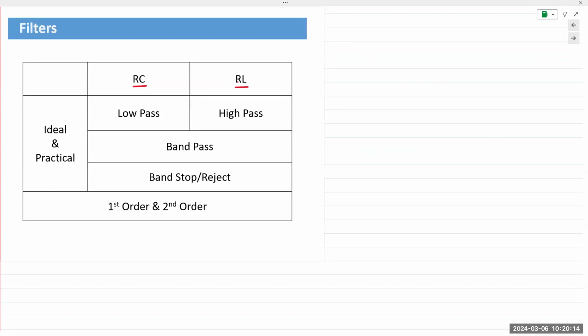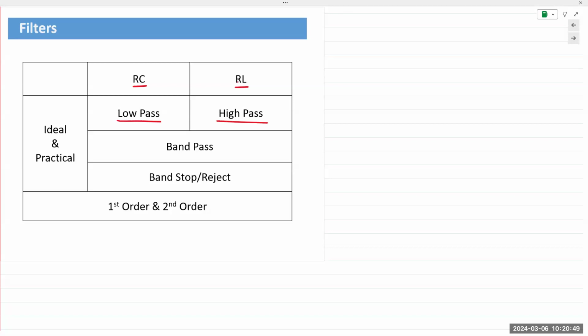Okay, so the filters we study here are low pass and high pass filters constructed out of both inductors and capacitors. So you have RC low pass, RC high pass, RL low pass and RL high pass filters. They are very similar. In fact, if you take a look at the low pass and high pass, which we'll do in just a few minutes, it's exactly the same circuit.